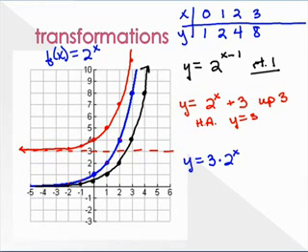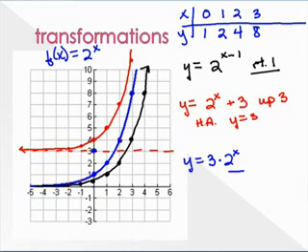So this one then, with that times 3, we're taking every y value that we had and we're multiplying it by 3. So this point here at 0, 1 is now going to be 1 times 3. It's going to be up here.